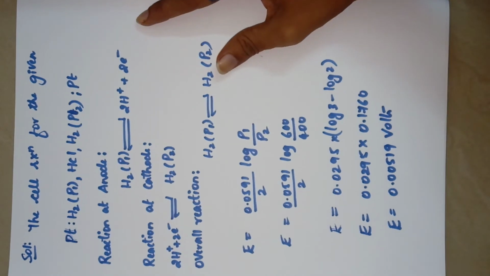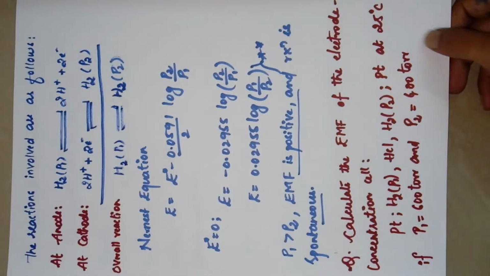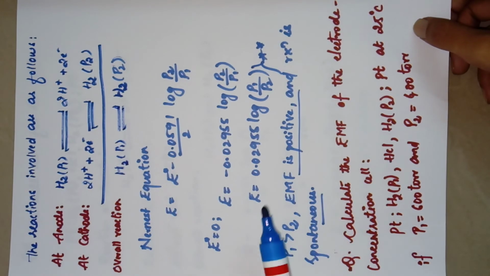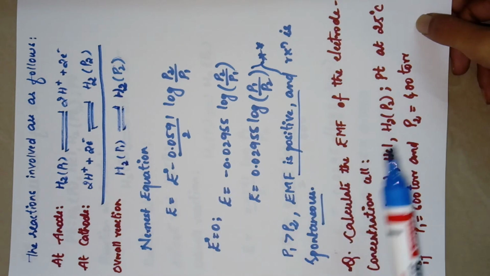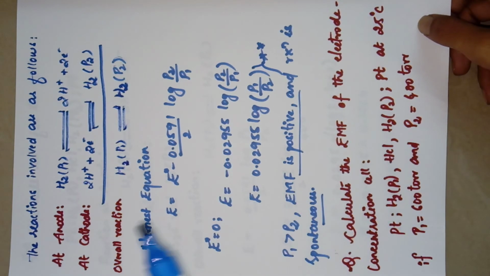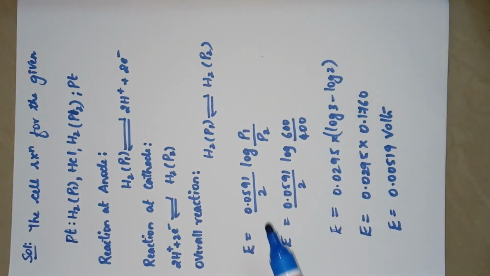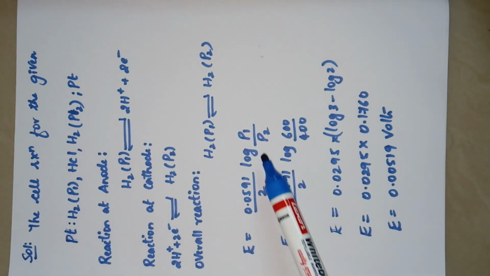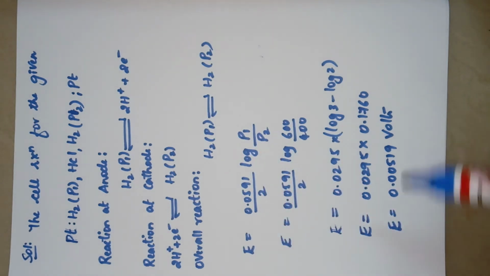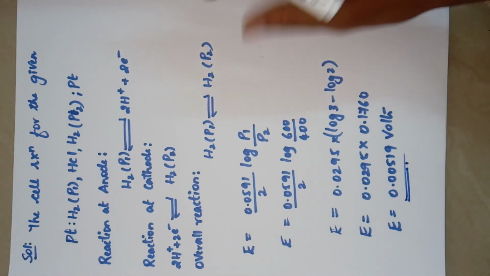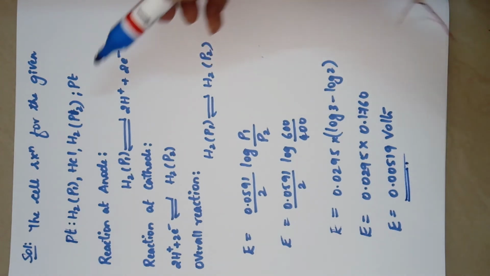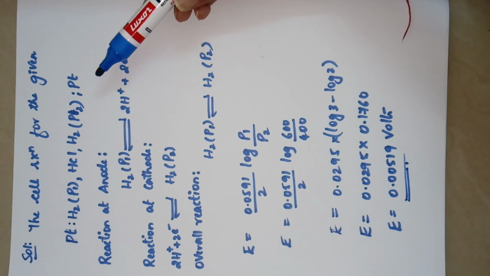That's the reason I'm asking you to remember that for an electrode concentration cell it is 0.0591 by 2 log P1 by P2, remember it is P1 by P2. Once you know that, you directly substitute the pressure values and get your final answer. If not, you have to do even this part, and in the exam you may get confused because they won't give you such a simple cell equation.